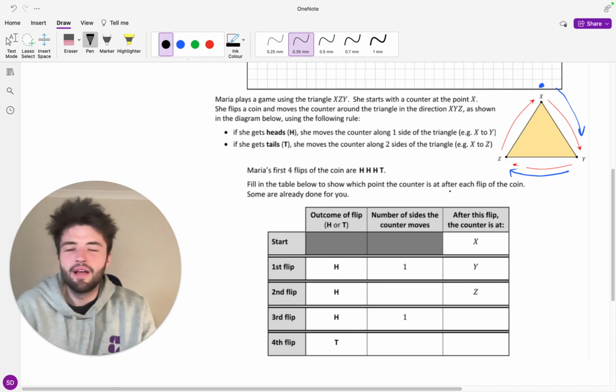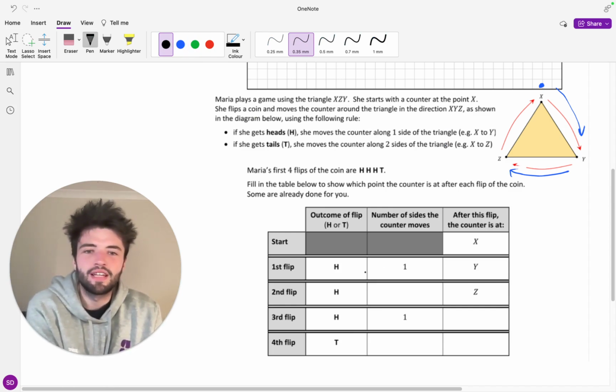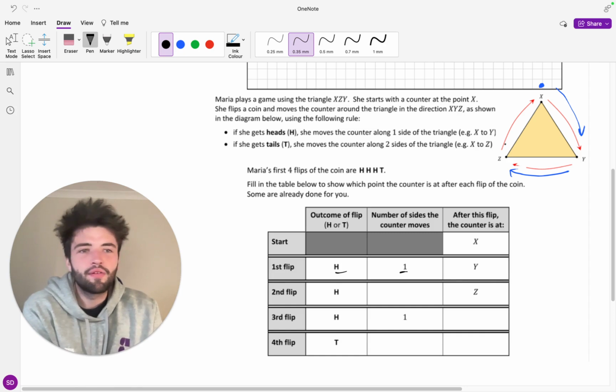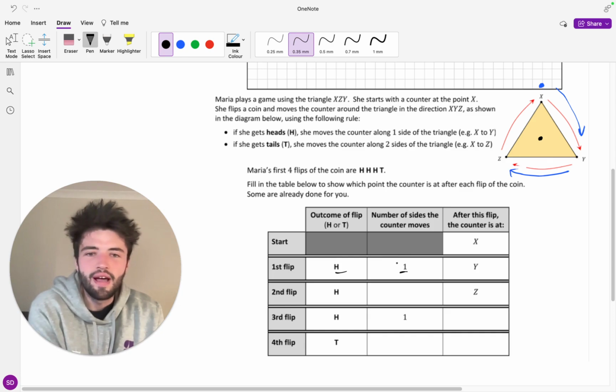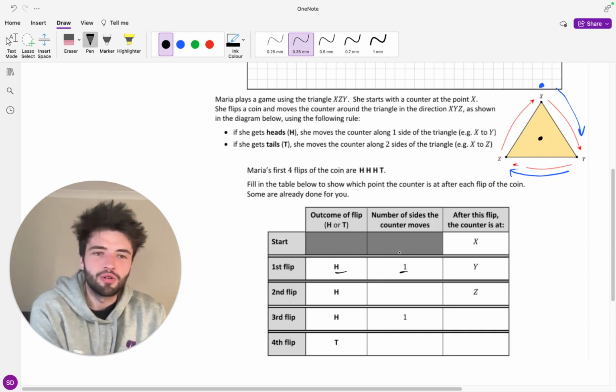And so she does the first flip for us. She fills in the table, and we can see that it was heads, so it only moved along one side. And you can think of it as moving along like a clock would, so it's moving in the same direction as the clock, so clockwise, if that's any help. But yeah, so we're basically going to be just figuring out where the counter is based on her coin flips.